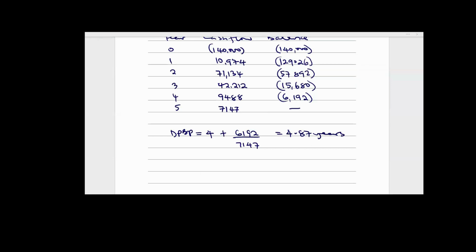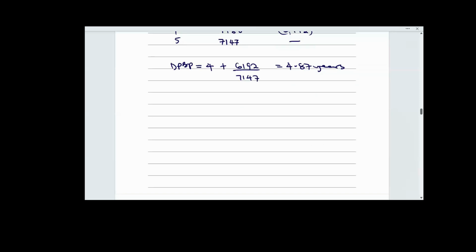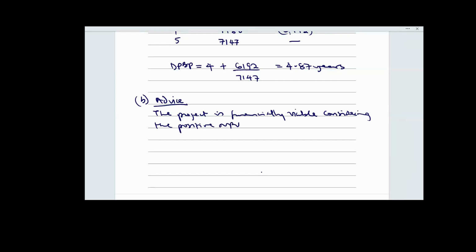So you have to advise that the project is financially viable, considering the positive NPV of 955,000 naira.